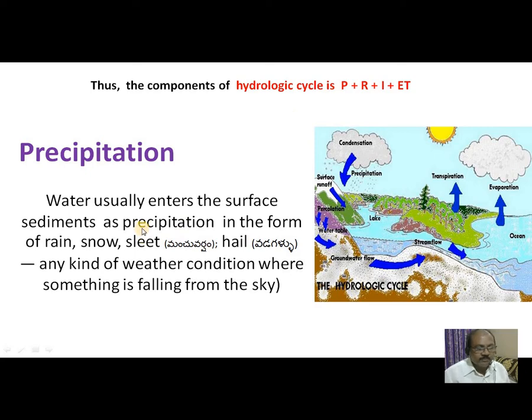Water usually enters the surface through the sediments as precipitation in the form of rain or snow or sleet or hail. So any kind of weather condition falling from the sky in the form of rain or snow or sleet or hail, this is how precipitation takes place.